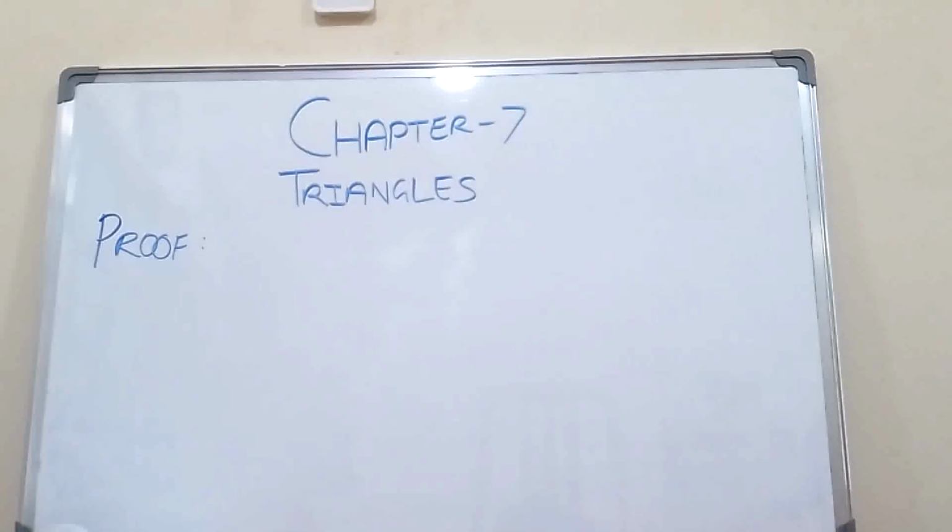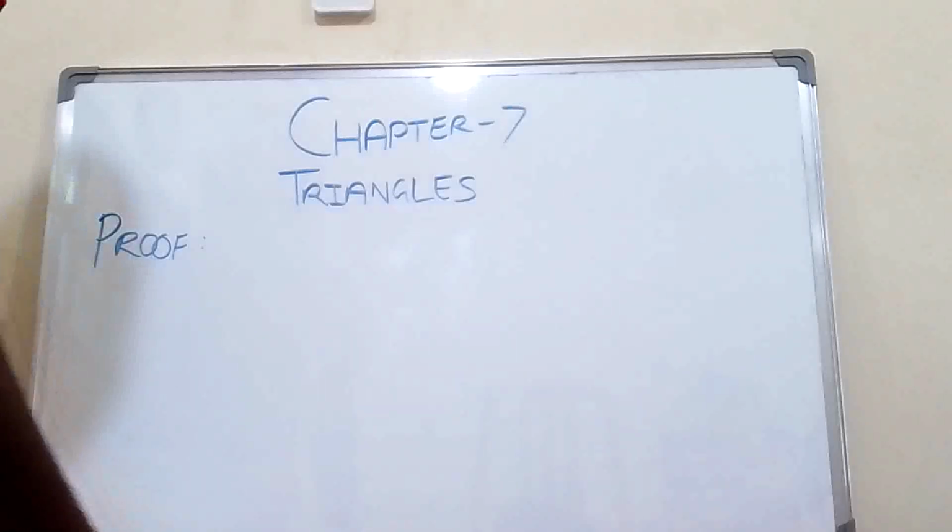So coming to this proof, the way we prove ASA or AAS is also called proving by contradiction. So here we are going to assume and check if our assumption is correct. If it contradicts the given statement, that means that our assumption was wrong. So here we have three cases.